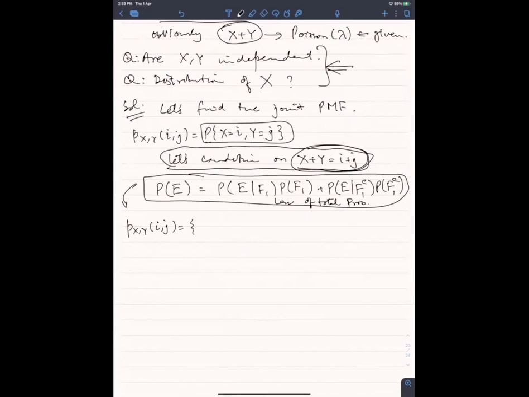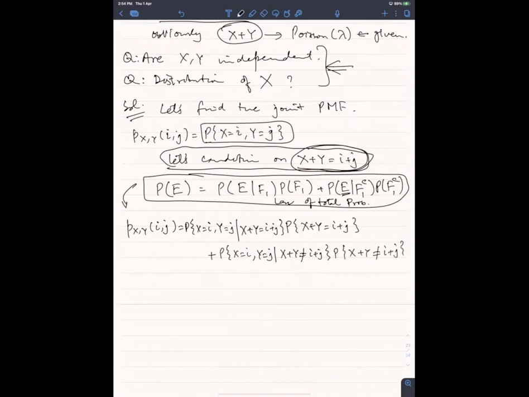We condition it: probability x is equal to i, y is equal to j, given x plus y is equal to i plus j, multiplied by probability of x plus y is equal to i plus j, plus the probability that x is equal to i, y is equal to j, given x plus y is not equal to i plus j, into probability x plus y is not equal to i plus j.